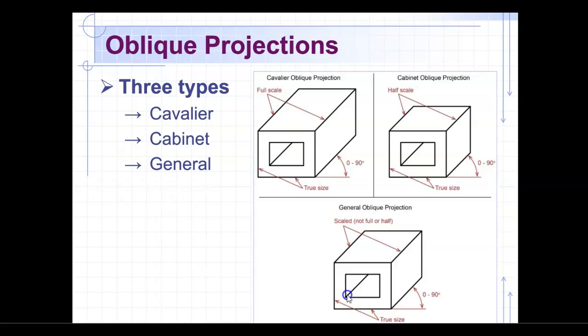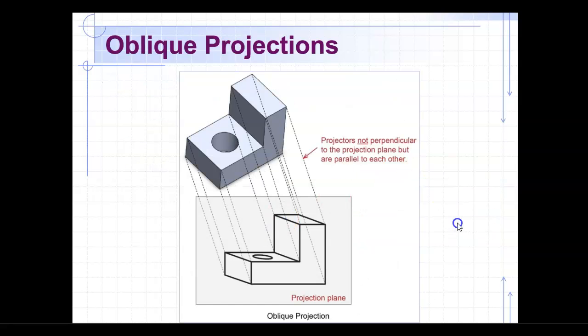But again, the same thing is going on here. This front view that we're looking at is what we would refer to as true size and true shape. Just another image showing you how these projectors are related to each other.